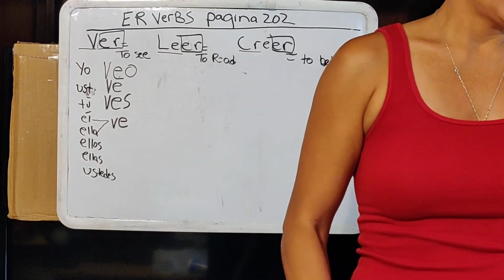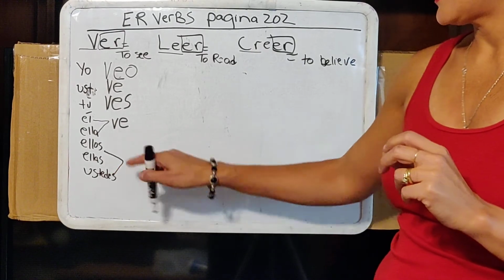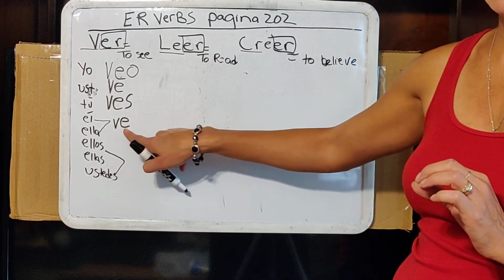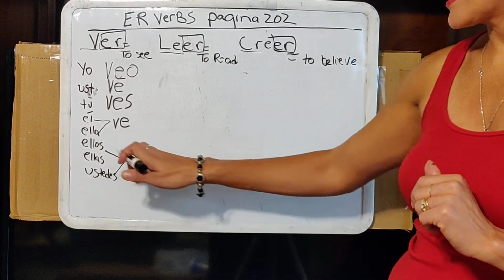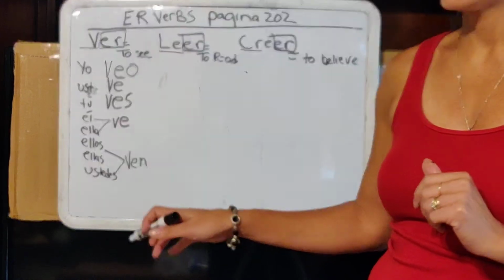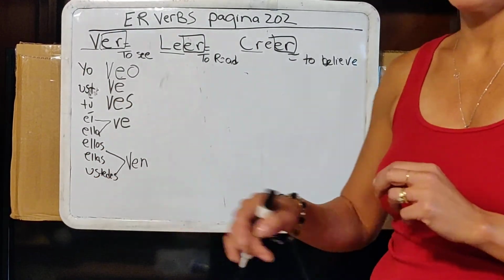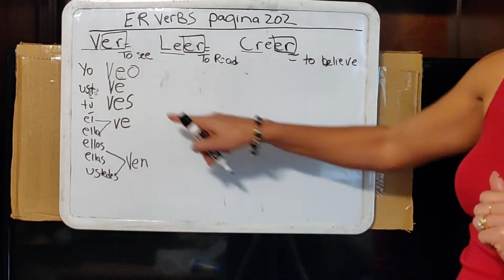Okay? Now we're going to do the plural, which is ellos, ellas, and ustedes. And if you haven't picked up on it so far, the word is going to be ve, and then you're going to add the N. So ven. So you would say, ellos ven la película. Ellas ven la película. Ustedes ven la película. Película is a movie. Okay? So, one more time.